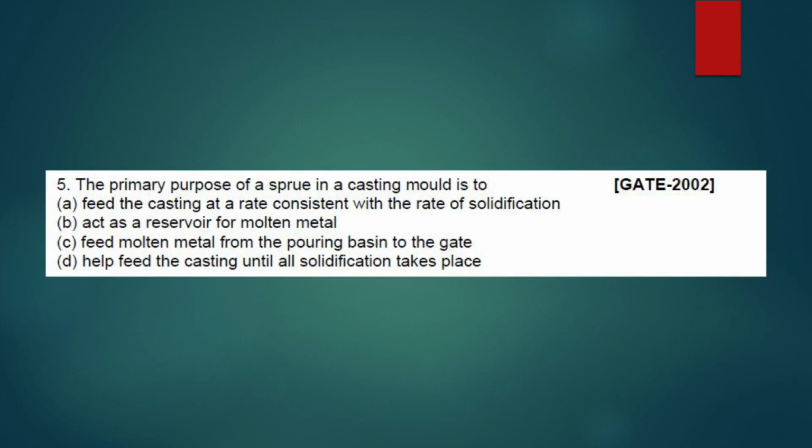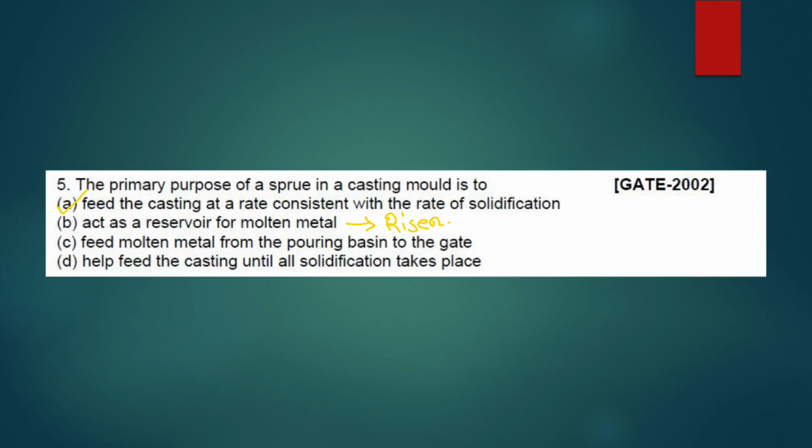The primary purpose of a sprue in casting mold is to feed the casting at a rate consistent with the rate of solidification. For reservoir we are using riser. Feeding molten metal from pouring basin to gate.